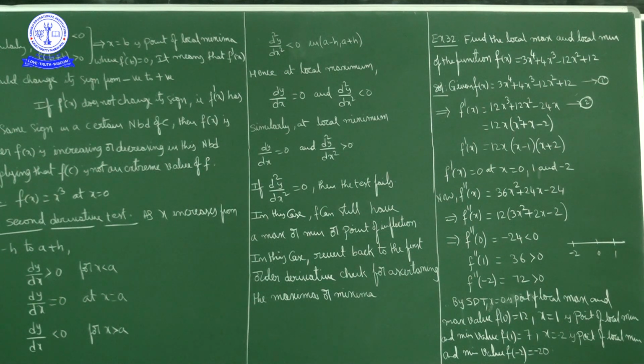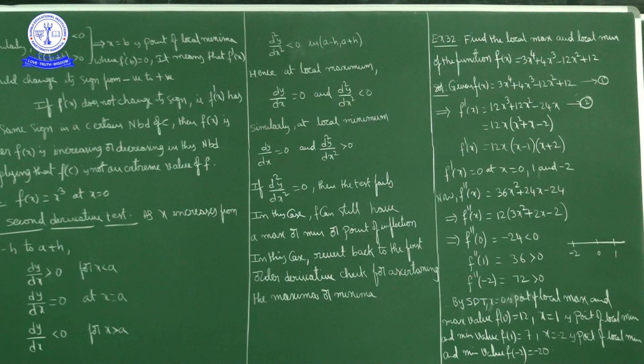Now the second derivative at x equal to b: final quantity minus initial quantity upon difference. As h approaches 0, dy by dx in the interval b to b plus h minus dy by dx in the interval b minus h to b, upon b plus h minus b minus h.